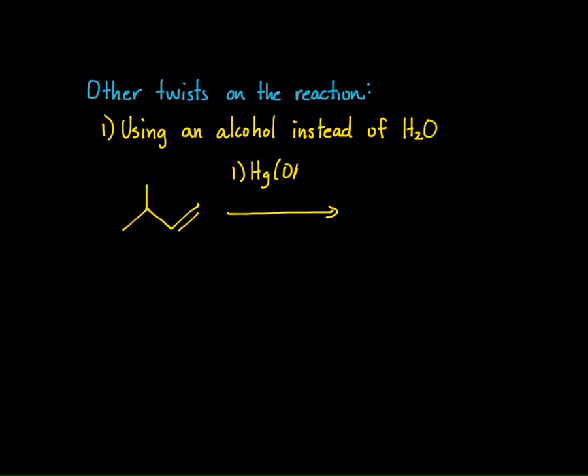Well, let's say I reacted 3-methyl-1-butene with mercury acetate in methanol, followed by that reduction with sodium borohydride. Now I form my mercurinium ion, and methanol is present, so methanol would attack the mercurinium ion, and I would get a methyl ether. So this is another way that I can make ethers, and again, not have to worry about rearrangements taking place.